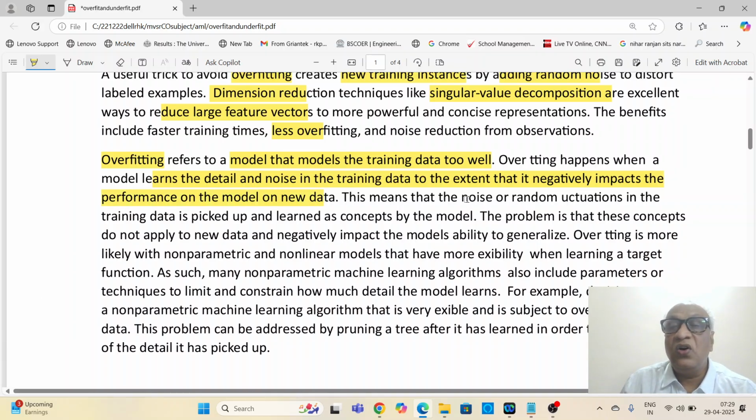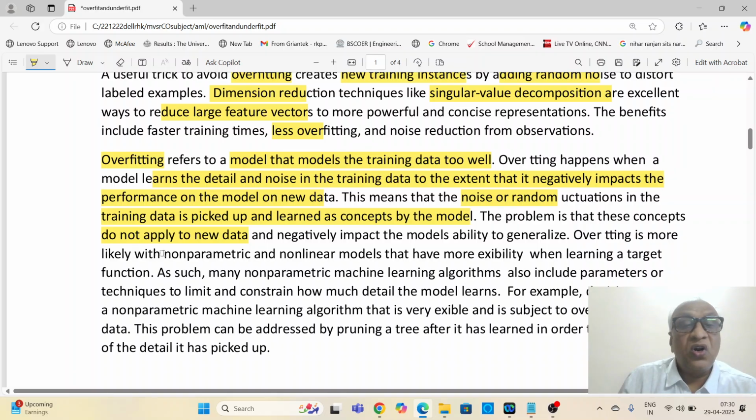This means that noise or random fluctuations in the training data are picked up and learned as concepts by the model. So that will impact, because when we try to apply it on new data, it cannot be applied.